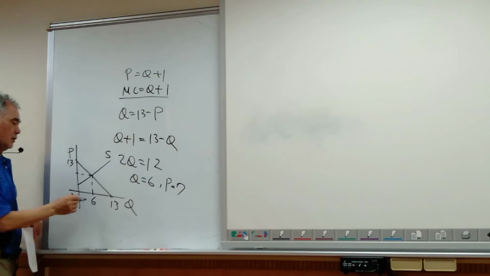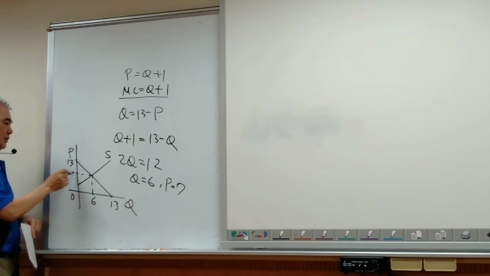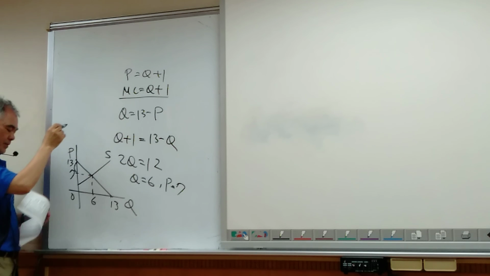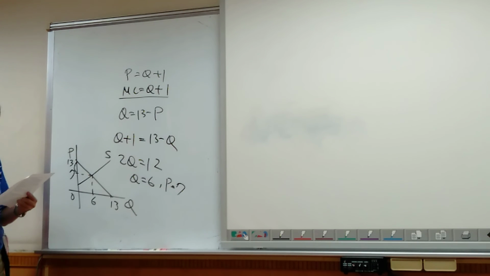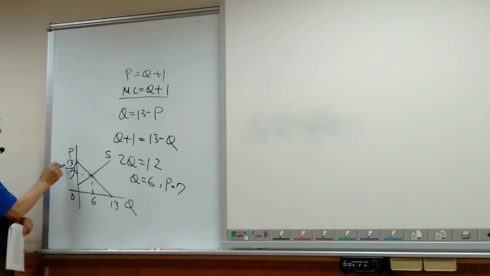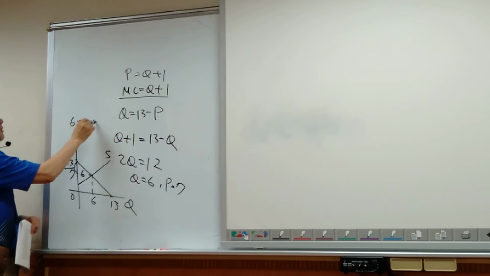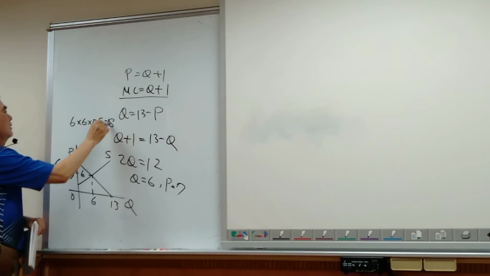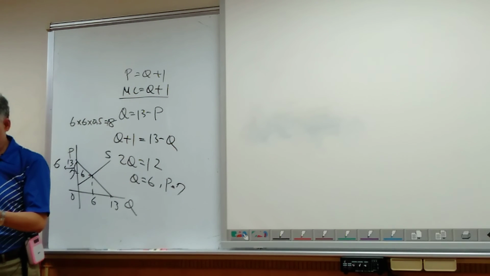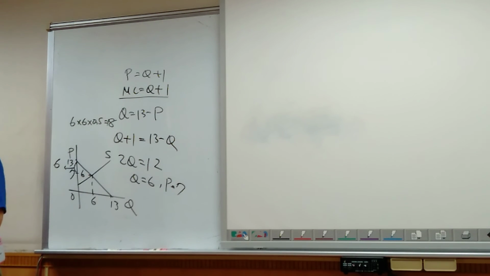So you have quantity equal to 6, and then price equal to 7, okay? So you have 13 minus 7, so here you have 6, right? And here you also have 6. 6 times 6 times 1/2, so you get 18. So the answer for question 23 is 18. Okay? Questions?